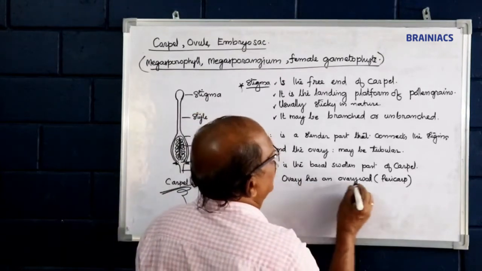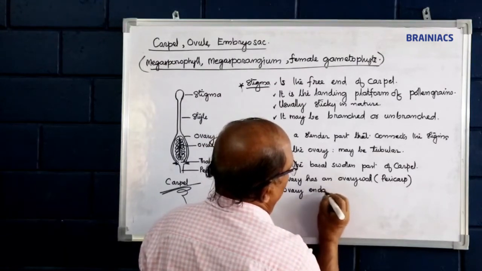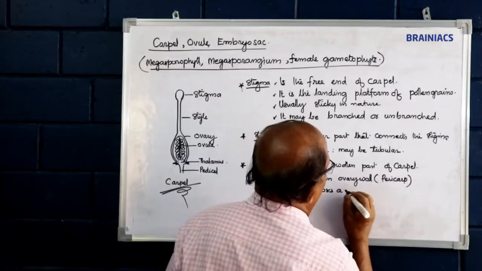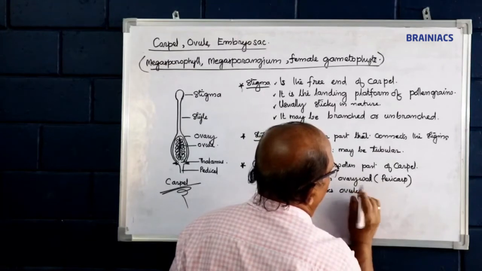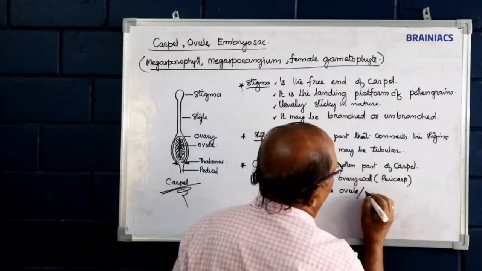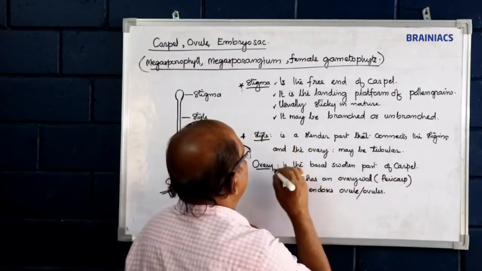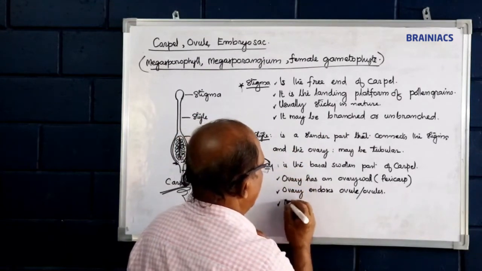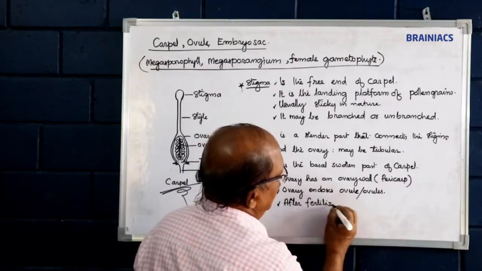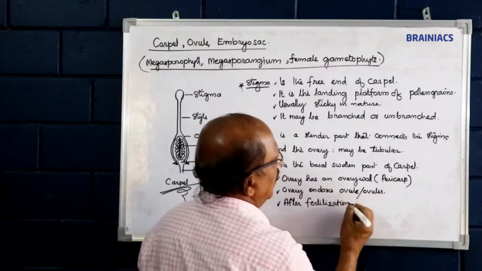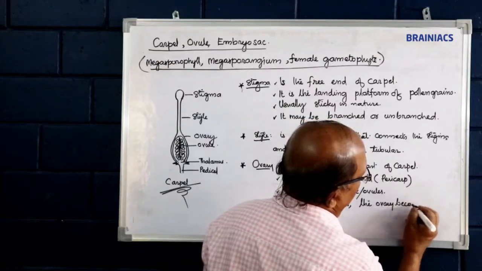See, ovary encloses ovule. Ovary encloses ovule or ovules. After fertilization, the ovary becomes fruits.